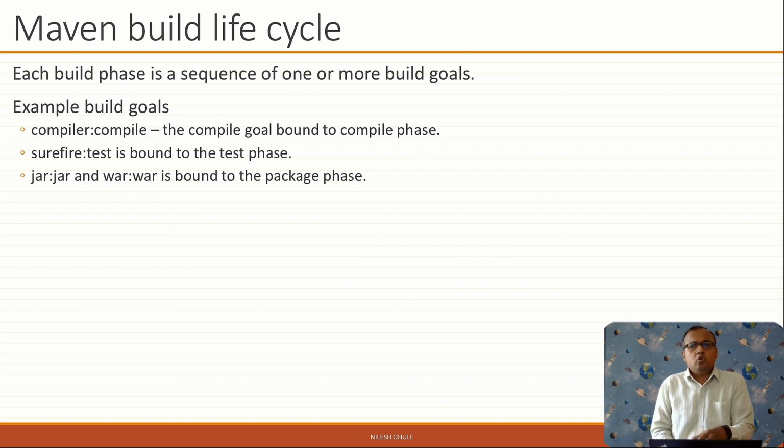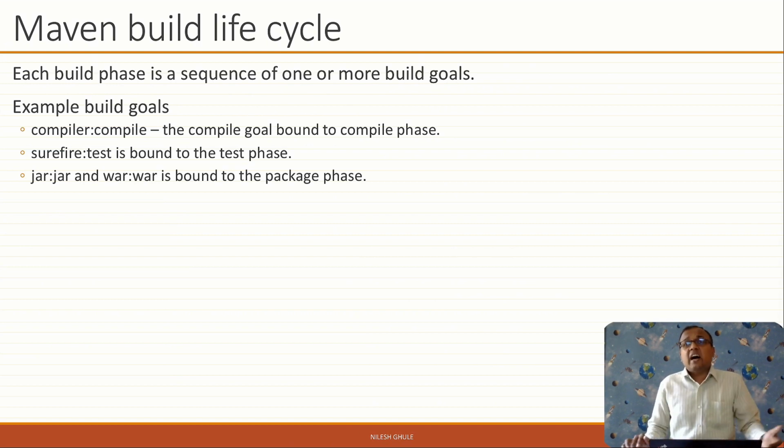The compile goal is bound to the compile phase, which is compiling the source code, or for that sake, surefire test is bound to the test phase, or we have the jar or war goals which are for the packaging phase, and so on. Now, as you see, these are the build goals, which are the smallest tasks which are done during a Maven application build.